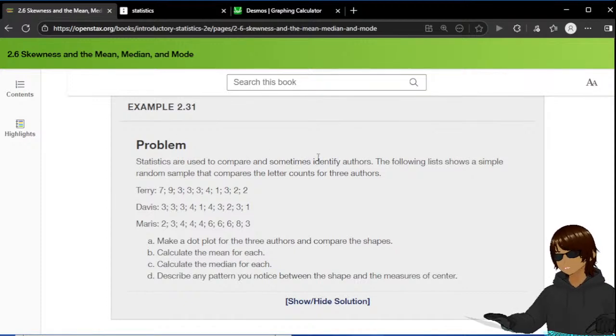Statistics are used to compare and sometimes identify authors. The following list shows a simple random sample that compares the letter counts for three authors. Terry, Davis, Maris. Make a dot plot for each of the three authors and compare the shape.